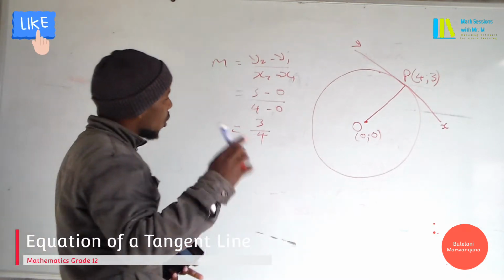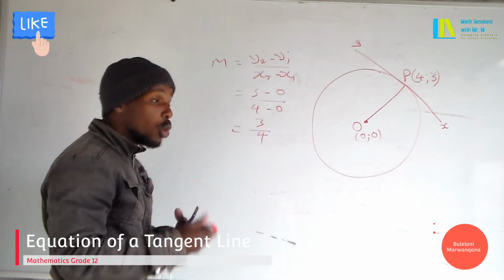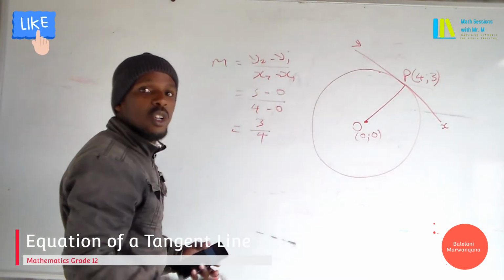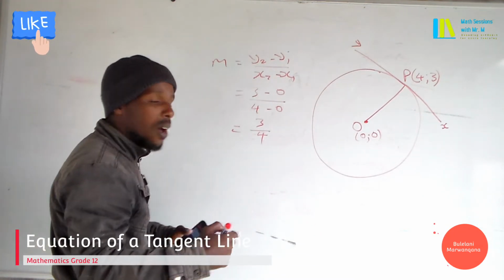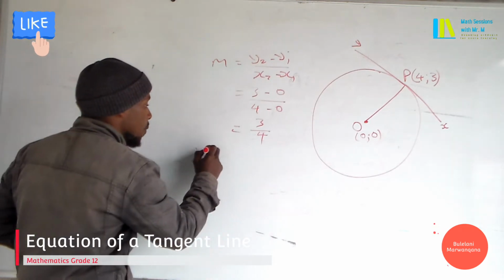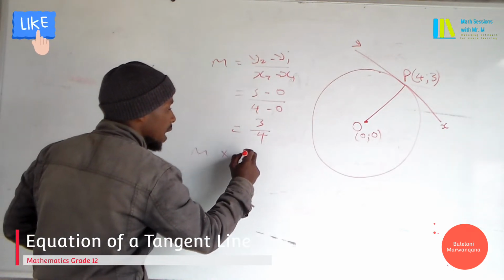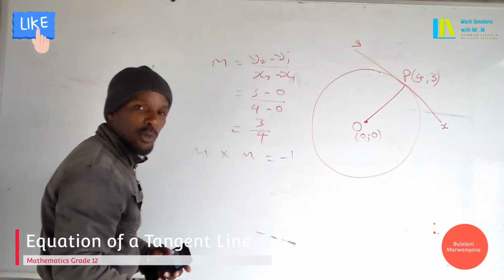What should we do? We know very well that when it comes to two perpendicular lines, their gradients, when multiplied together, must give a product of -1.